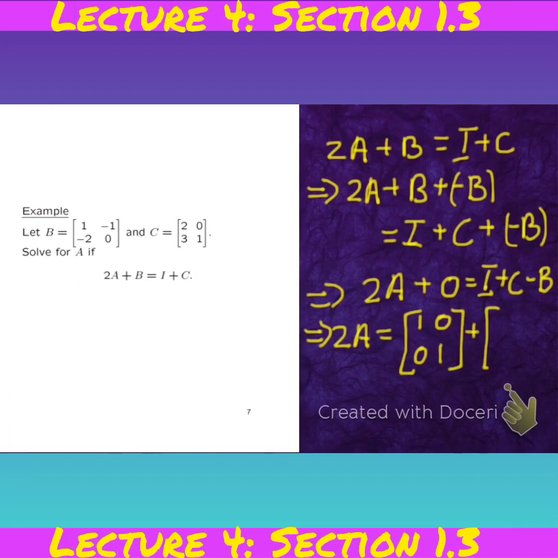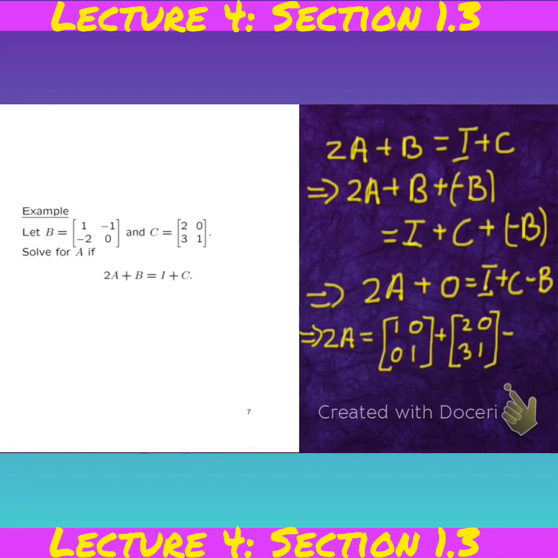C is 2 0 3 1, and then negative B, we know what that looks like. Before we multiply through the scalar, let's just write down B first, and that's 1 minus 1 minus 2 0.